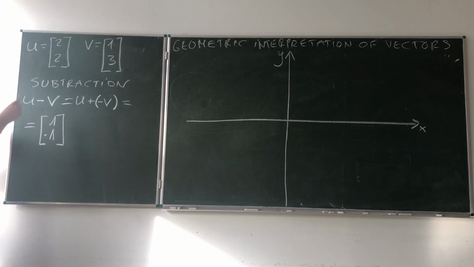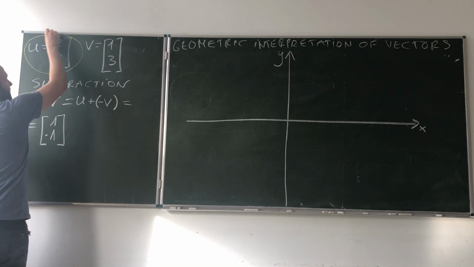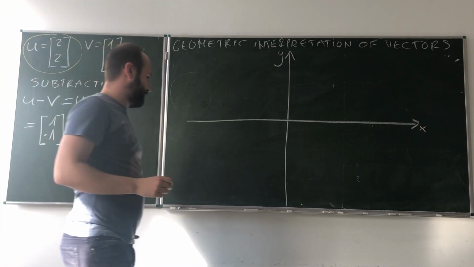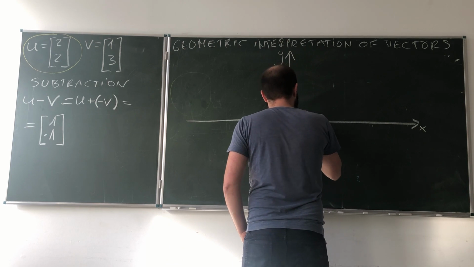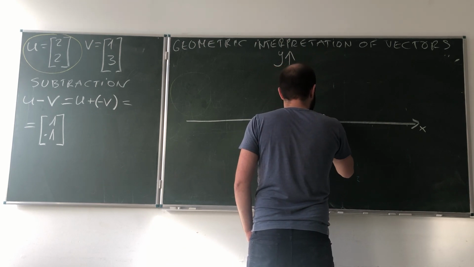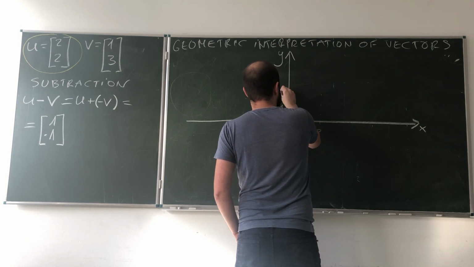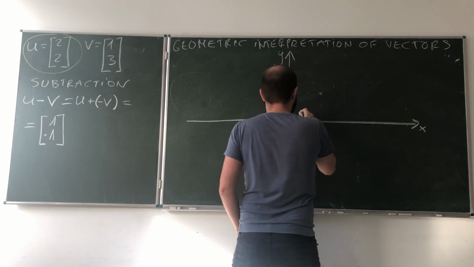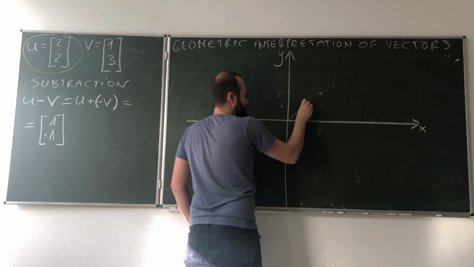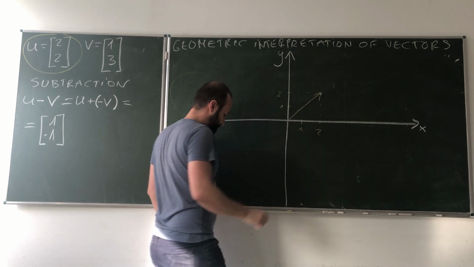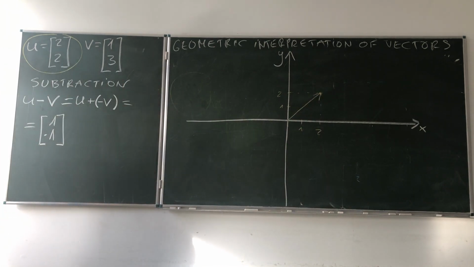Okay, so again, let's use colors for everything. So first we draw vector u. And then making vector v.